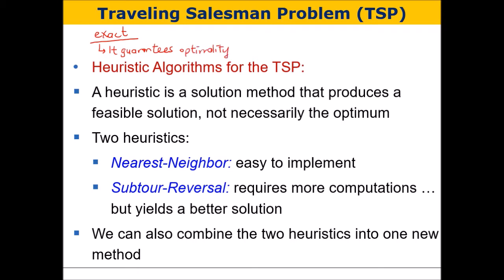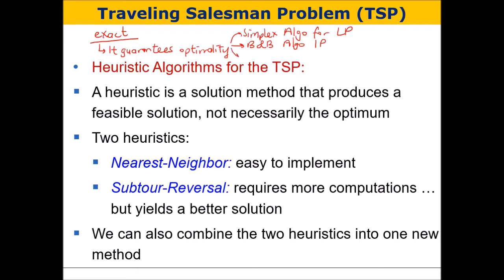For example, the simplex algorithm for linear programming is an exact algorithm, so it finds the optimal solution every time. The branch and bound algorithm for integer programming guarantees optimality if you go to the end, if you do not stop with a time limit or something else.